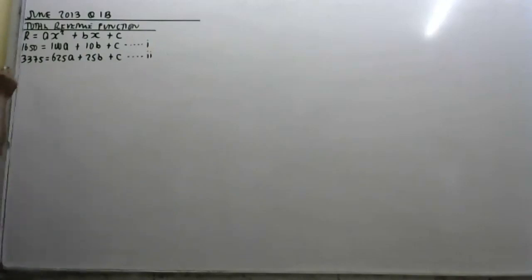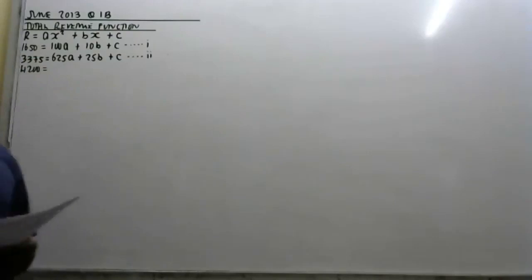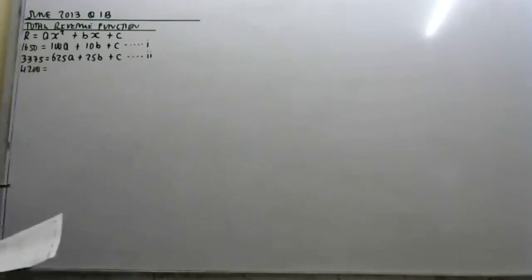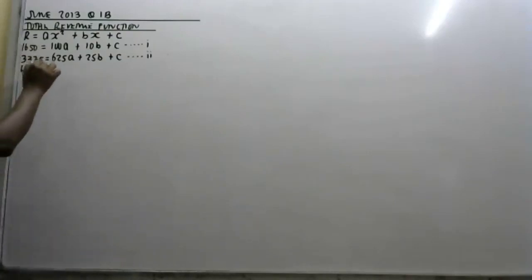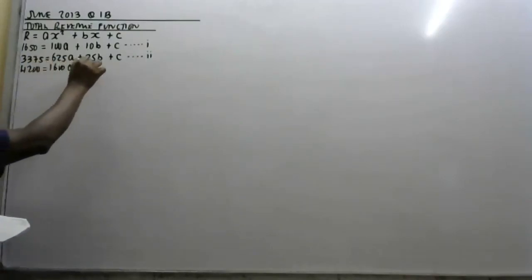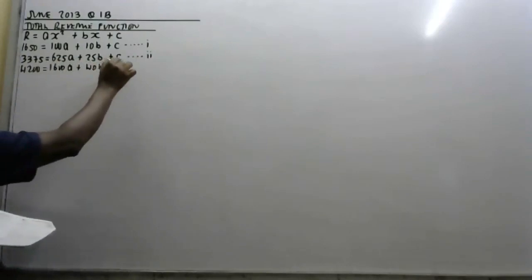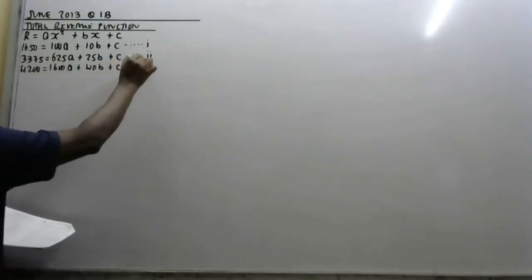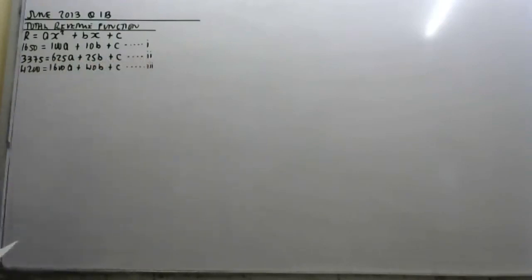The last one is 4,200 is equal to 40. 40 squared is what? 1,600A plus 40B plus C. That is equation number 3.